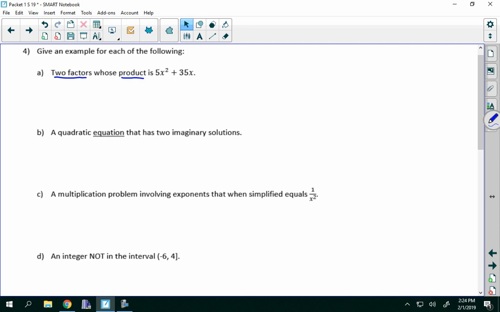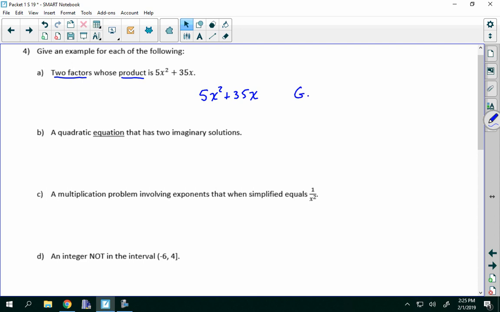A product is the end result of a multiplication problem. So 5x squared plus 35x would be the end result of multiplying two algebraic expressions. And what would those expressions look like? Well, if we ended up with 5x squared plus 35x, we're looking for two factors of this addition problem.